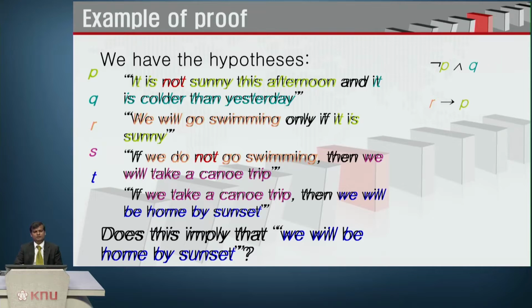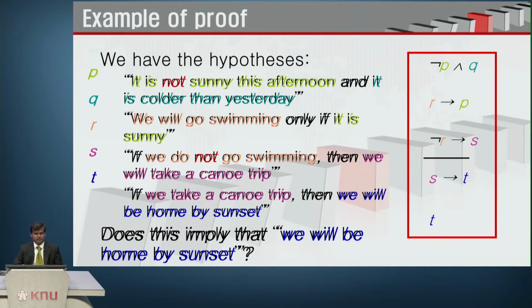Then negation of R implies S: if we do not go swimming, the negation of R comes because of the not, then we take a canoe trip, that is S. If we take a canoe trip, then we will be home by sunset, that is T. So we have to conclude: will we be home by sunset? T. So that's the problem given to us.